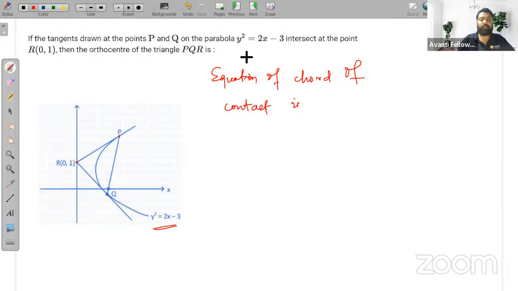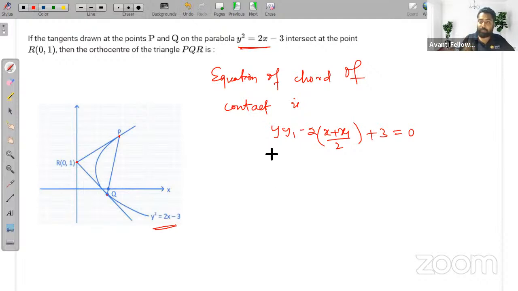So what is T here? Now we can write this equation as y1 minus 2 into (x plus x1) by 2 plus 3 is equal to 0. Right? So just substitute x1, y1 as (0, 1), because we have drawn the tangents from the point (0, 1).